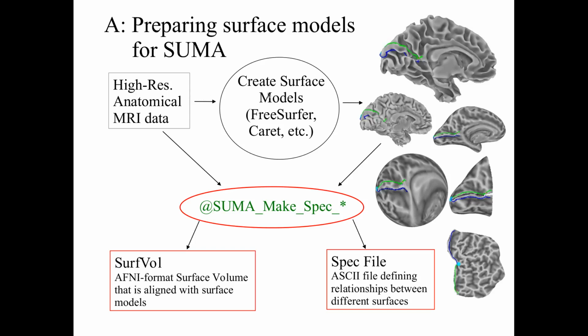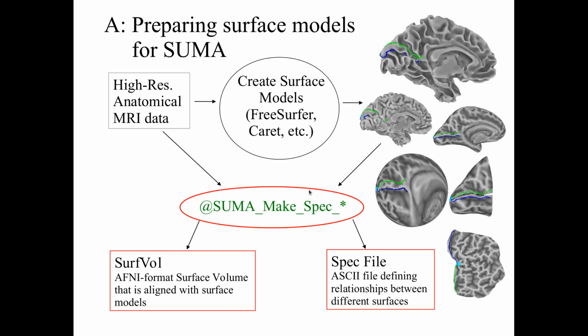Once you do that, you take your original anatomical and your FreeSurfer output and put them into @SUMA_Make_Spec. For each of these estimator programs, there's a program to translate all their output into a usable format for AFNI.